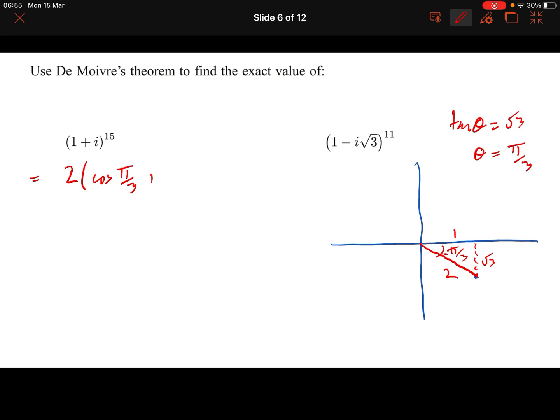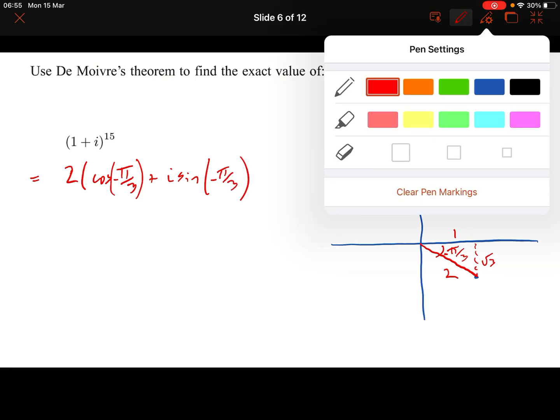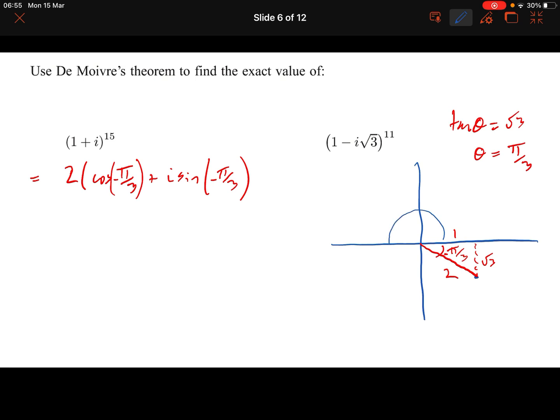You'll notice that the argument is negative pi over 3. So don't fall for that trap like I nearly did there. Plus i sine of negative pi over 3. Because remember, the argument is always measured this way round, but I can measure it this way around as well, but I have to take the negative. Okay?